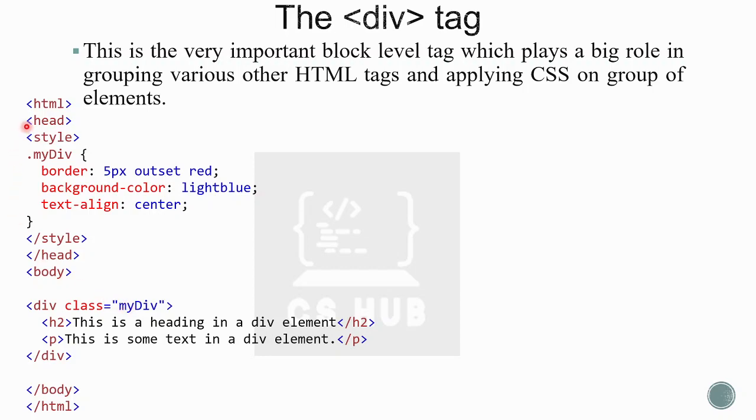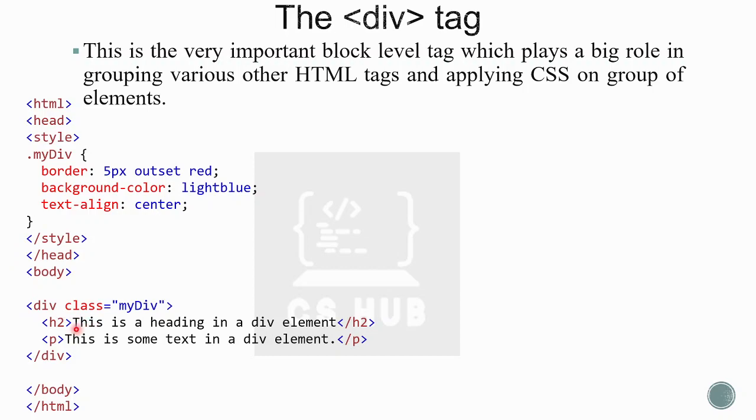Then inside the style head, we add style to .mydiv: border is set to 5 pixel outset red. We can set a border to a div. Then background color is light blue. Text align center. This is the styling.